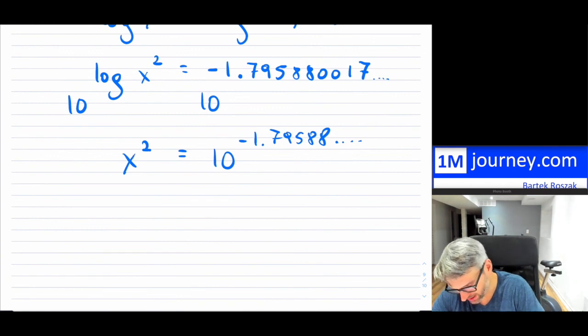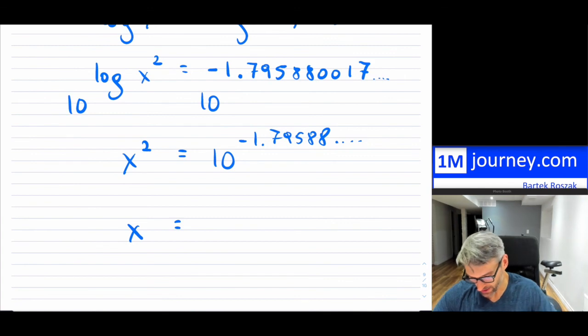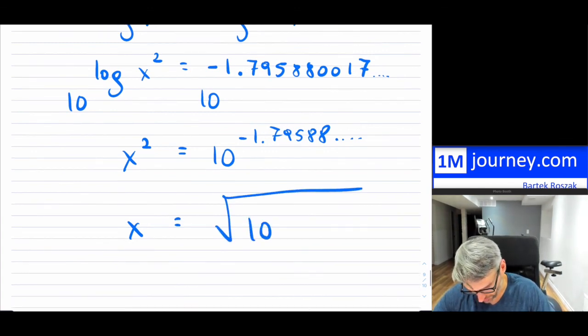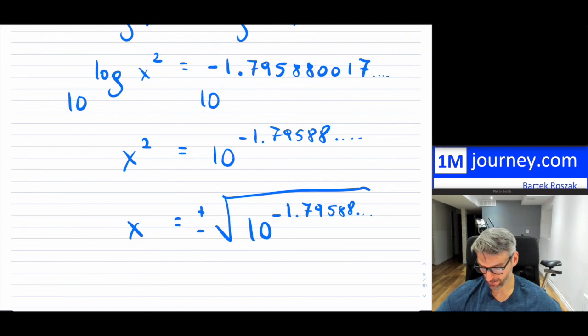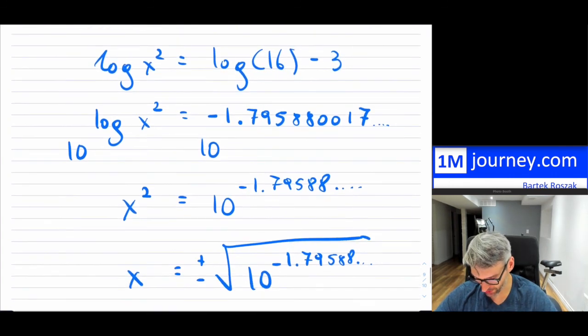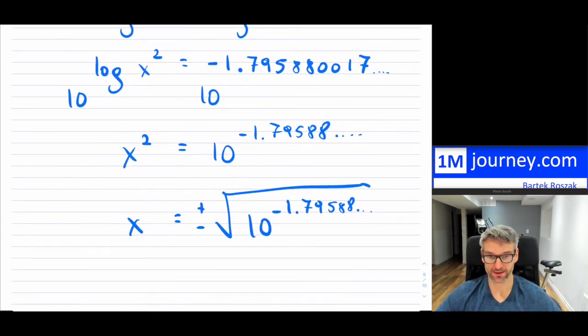And now taking the square root of both sides, x equals the square root of this junk, whatever that might be. Of course it's going to be both positive and negative. And since they're both admissible, you can use both in this case.